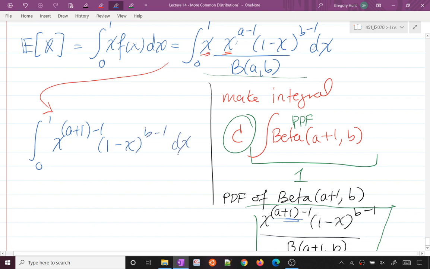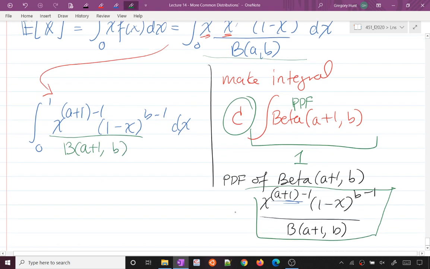Still have my dx. Now in the basement here, what I really want, if I were to have a beta of (a+1, b) in the basement, then it would be exactly this PDF. So I could do that, but I have to multiply on the outside by the corresponding thing, and I have to factor this out too.